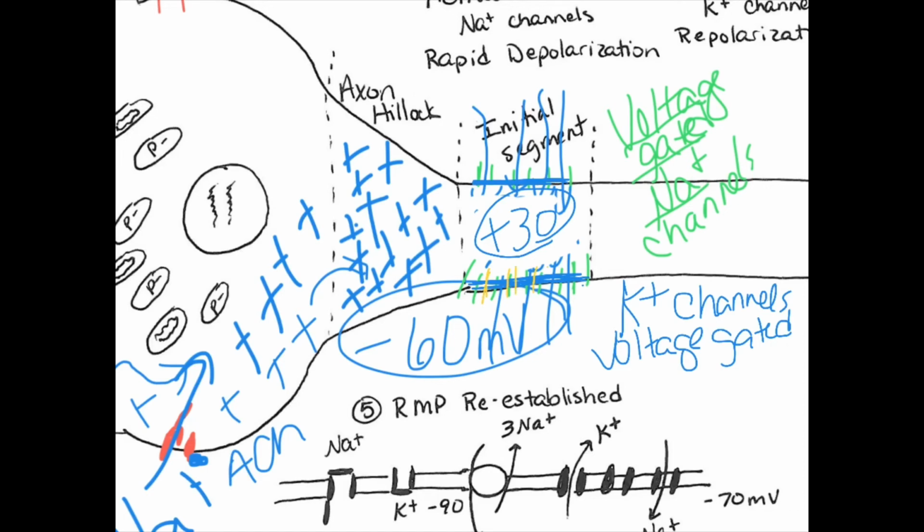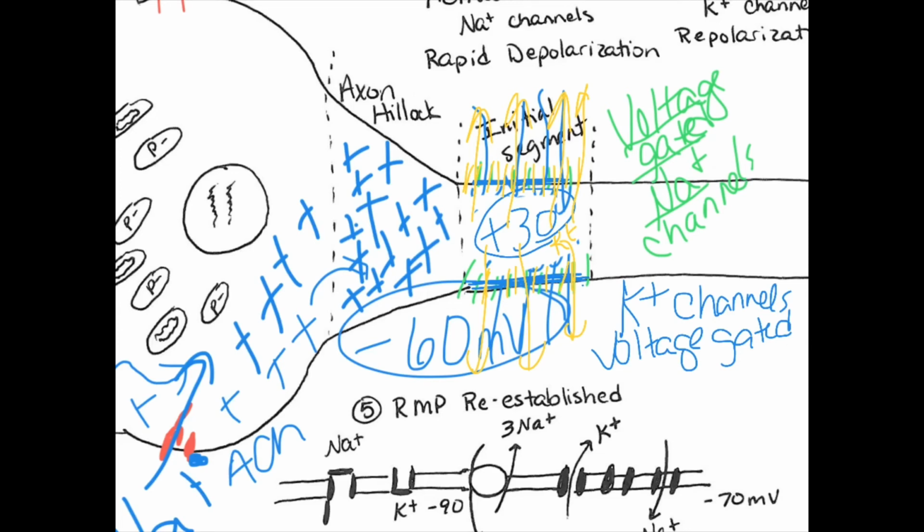And those receptors are also all over that initial segment of the axon. They're spread through the whole thing. Tons of them. So when the membrane potential hits +30, potassium is going to leave the cell, and it's going to take away with it its positive charge.